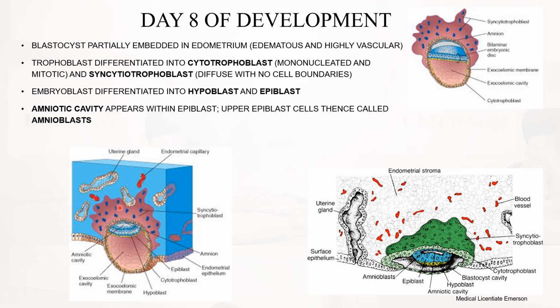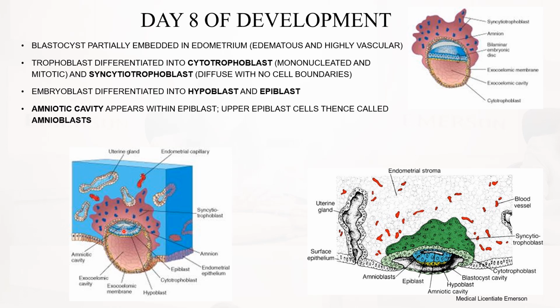Then next, the embryoblast, which was the blastocyst, continued to differentiate after the trophoblast differentiated, and it remained and became an embryoblast. The embryoblast is going to differentiate further into the lower part, which is going to be called the hypoblast, the one which is here, this line. Then we have the epiblast, which is above the hypoblast.